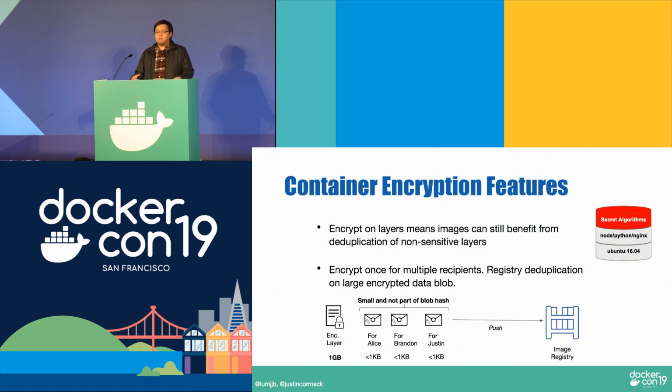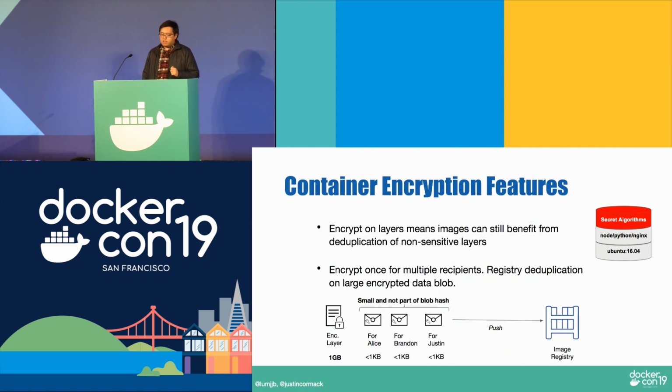Ubuntu or the middleware that you're running, like Nginx, isn't something that's secret. We don't have to encrypt it. So encryption at the layers allows us to benefit from deduplication. These huge layers can still be deduplicated with non-encrypted images.